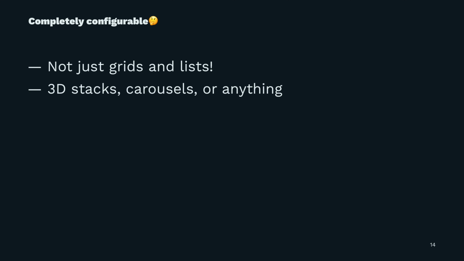Now, I also said UICollectionView is completely configurable. And what does that mean? That means that CollectionView is usable not just for grids and lists, but also for 3D stacks, carousels, and many other kinds of layouts as well.